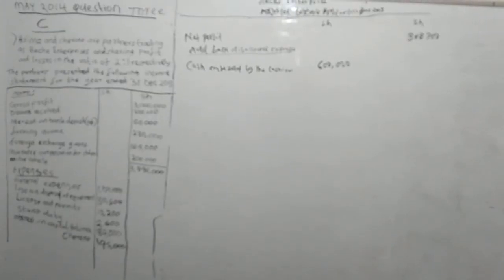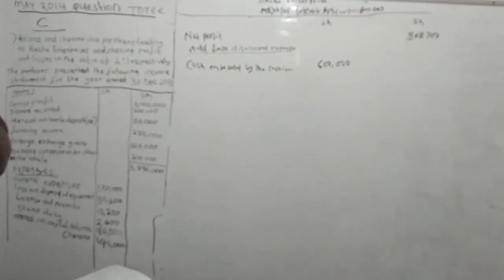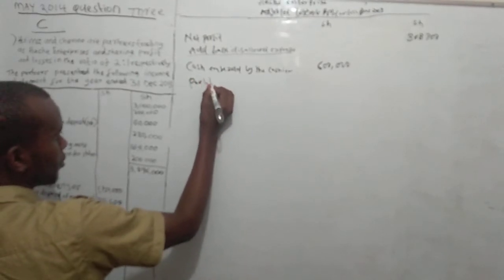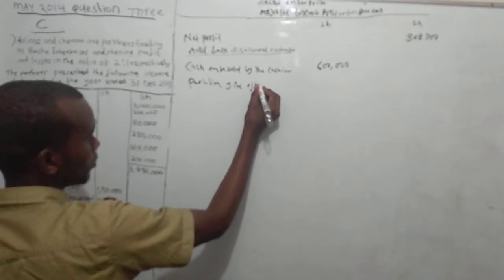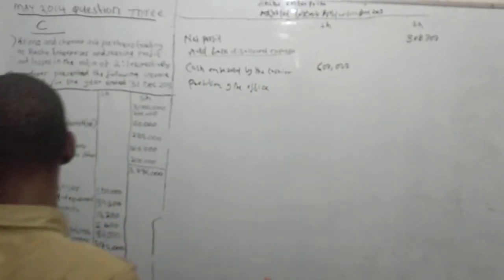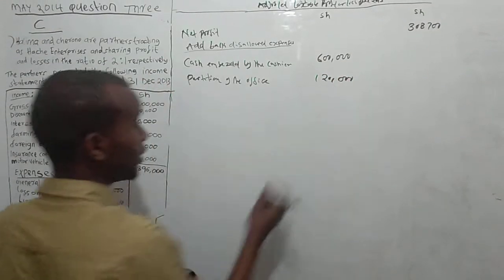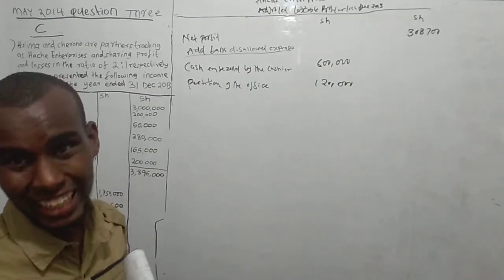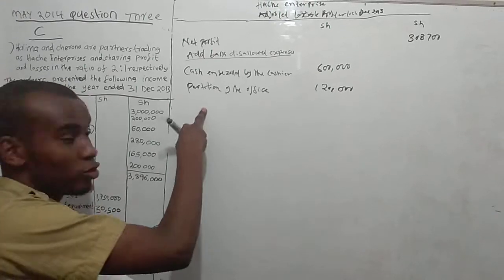Now, next is partition of the office. Partition of the office. So that is a disallowed expense. The amount is. Remember, this partition also qualifies for wear and tear. You're going to see later, you're going to prepare the wear and tear for this partition.